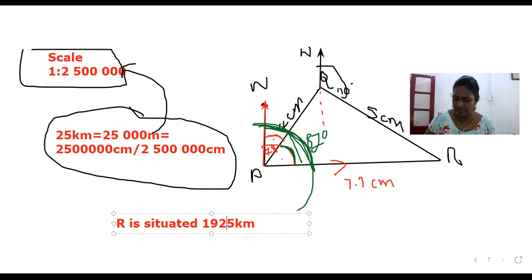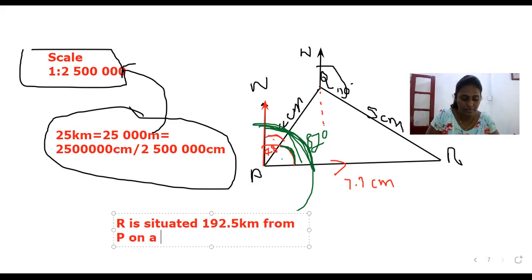Therefore R is situated 192.5 kilometers from P. We'll write P in capital, on a bearing of 82, 82.